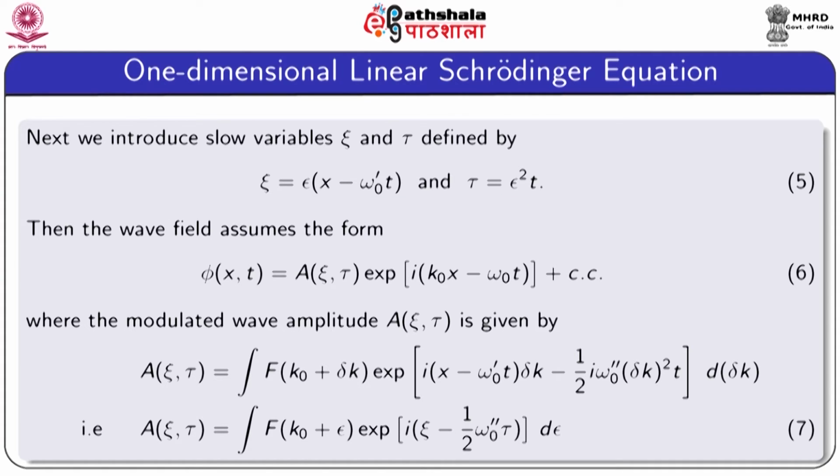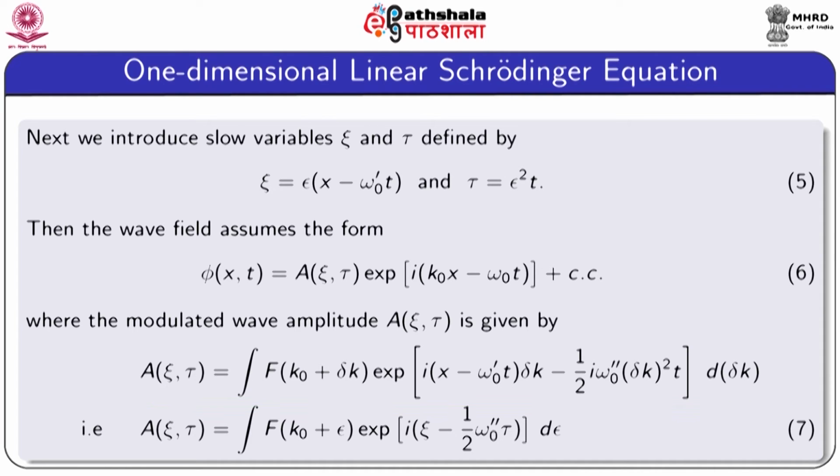Then the wave field assumes the form phi equals A, which is a function of the slow variables xi and tau, times e to the power i(k0 x minus omega 0 t) plus its complex conjugate, where the modulated wave amplitude A is given by A equals the integral of F(k0 plus delta k) e to the power i[(x minus omega 0 dash t) delta k minus half omega 0 double dash delta k squared t] d(delta k).